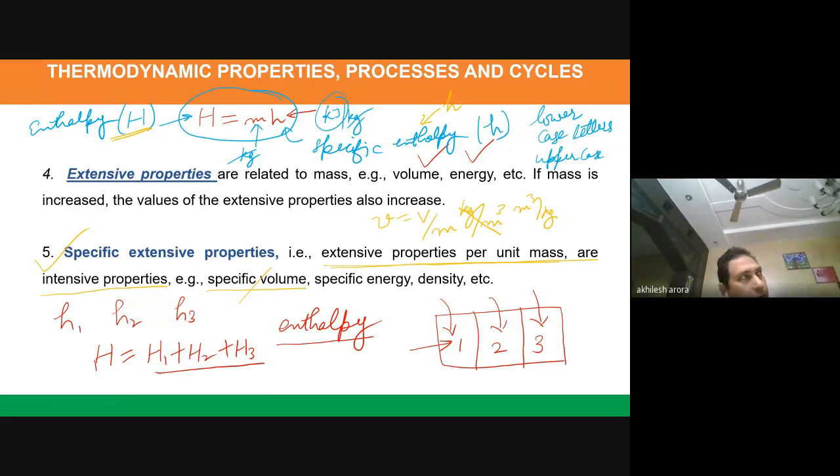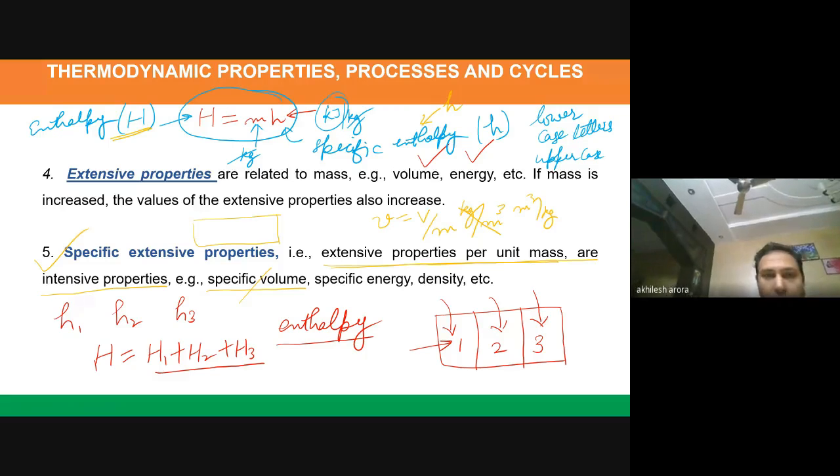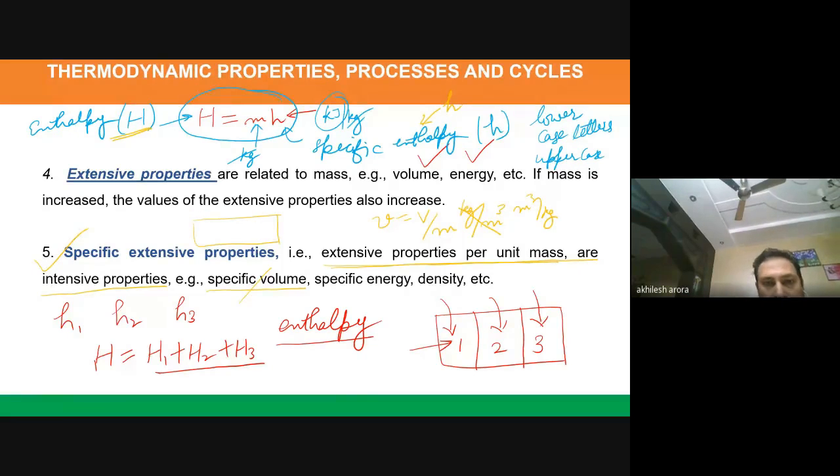So, if you have a container with a fixed volume, say 2 meter cube, and the mass of the gas is suppose 4 kgs, then the specific volume, whichever partition you take, will be equal to 0.5 meter cubes per kg, because we have to divide 2 by 4.